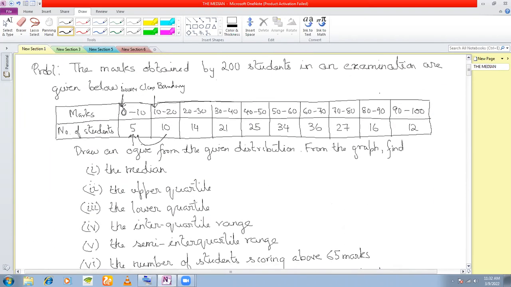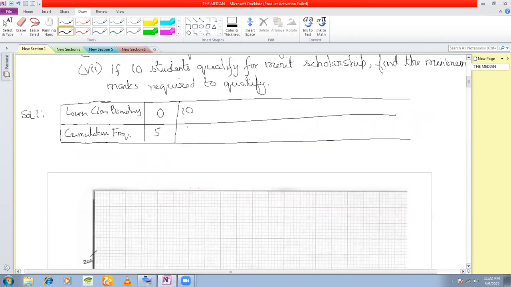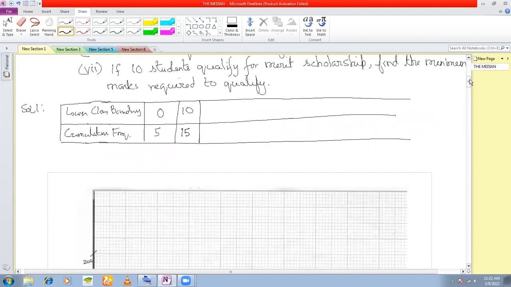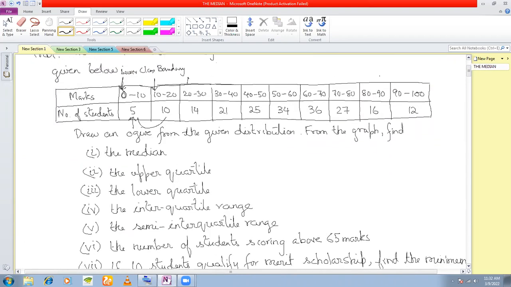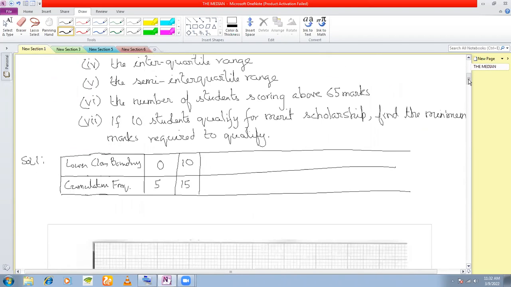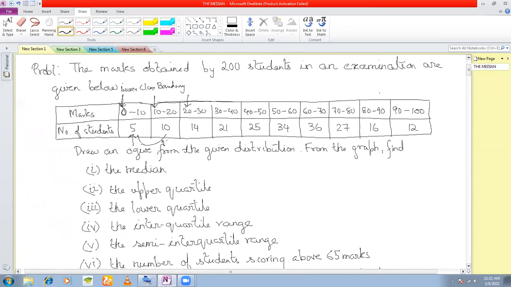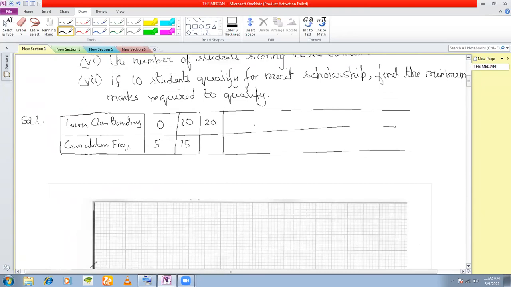How much do you get? 15, right? Next, you take the next lower class boundary, which is 20. And the next cumulative frequency: when we added these two, we got 15, so 15 plus 14 gives us 29.